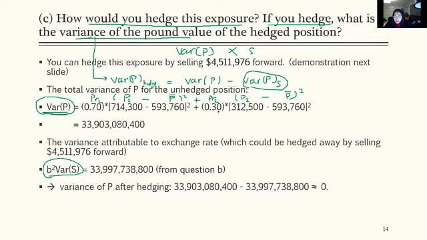If we take that away from the total variance, we will get the variance of the position after hedging. So after hedging away the exchange rate risk, our variance should be the difference between the total variance and the variance attributable to exchange rate risk. That should be very close to 0 in this case.